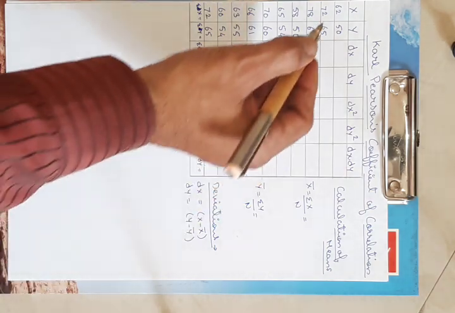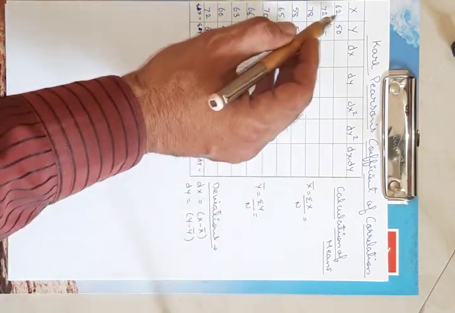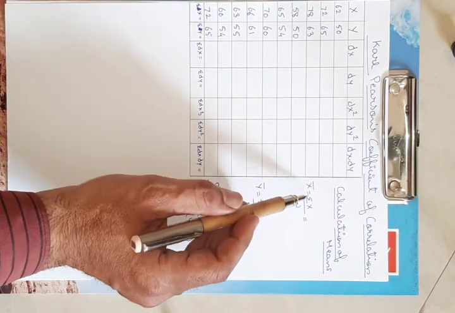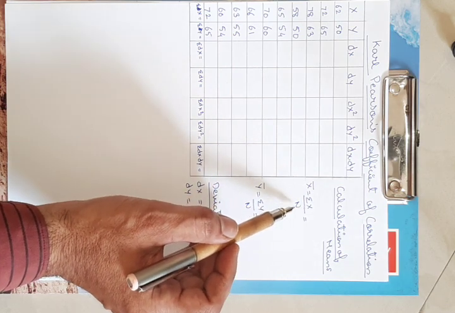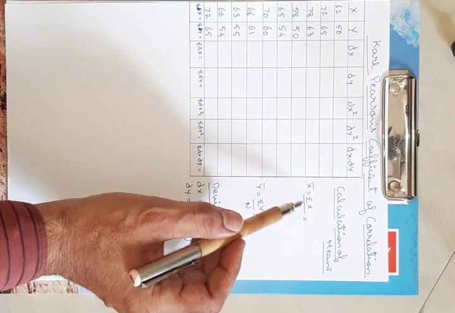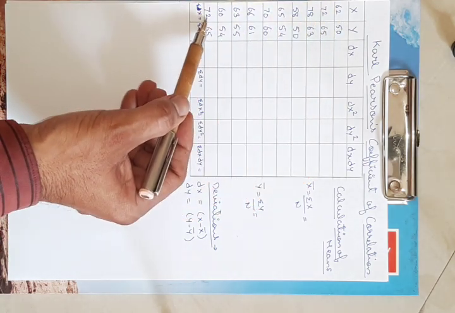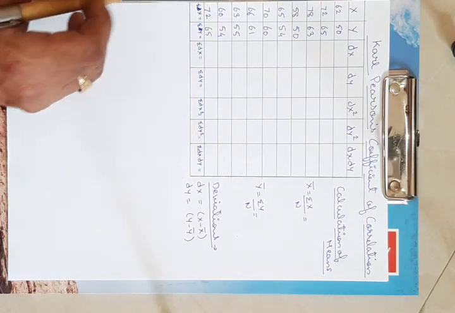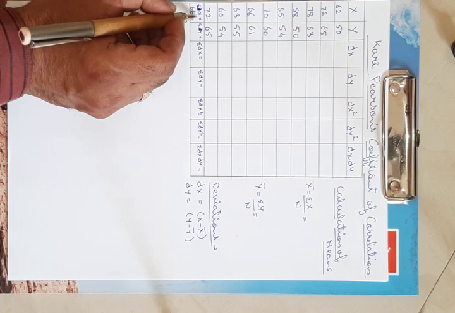So first we have to calculate the mean of series X as well as the mean of series Y. For determining the mean of series X, we have the formula x bar is equal to summation of x divided by capital N. Summation of x is nothing but the total of series x. Here I have already calculated the summation.